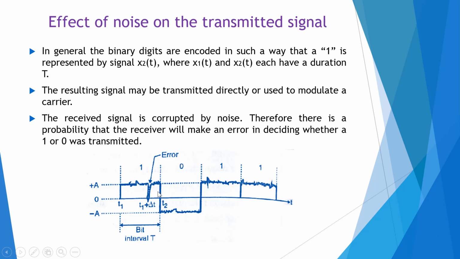But if due to some error, even though the bit is transmitted as a binary 1, for some time period it shows that a 0 bit is transmitted. The bit interval shown here is T. So the main job of the receiver is to detect whether the received signal is actually 1 or 0.